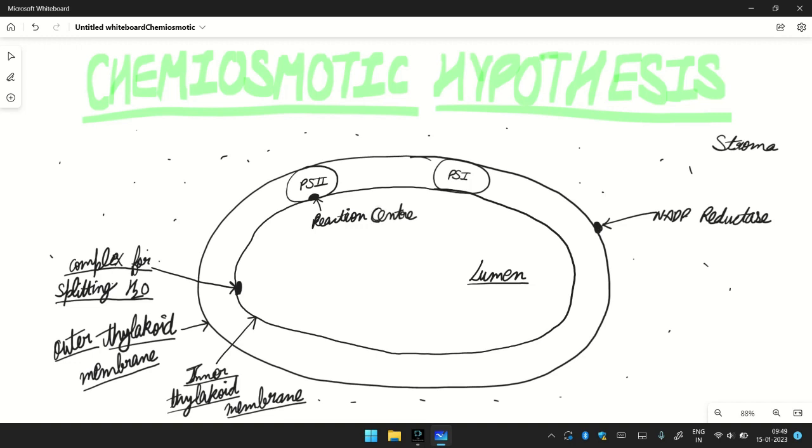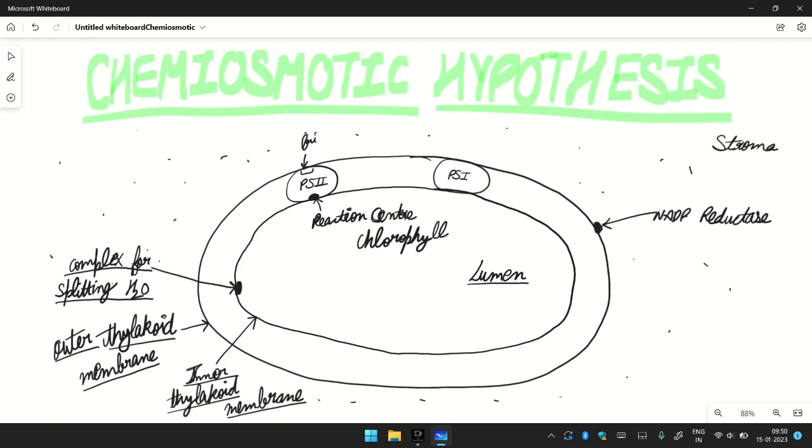And on the upside there is our primary electron acceptor.